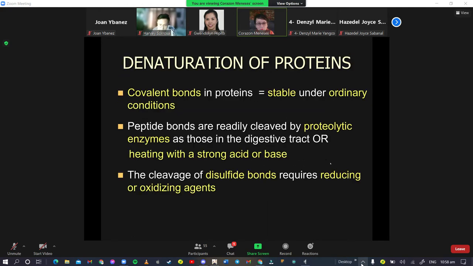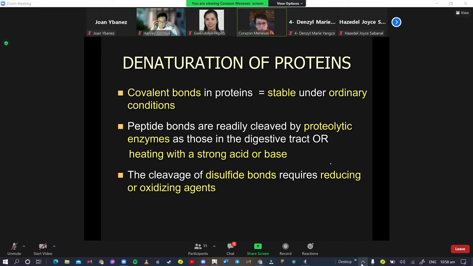Second to the last is about denaturation of protein. The covalent bonds, or the peptide bonds, are stable under ordinary conditions, so they are difficult to break. But it can happen if the temperature is very high and you add a strong acid and a base.